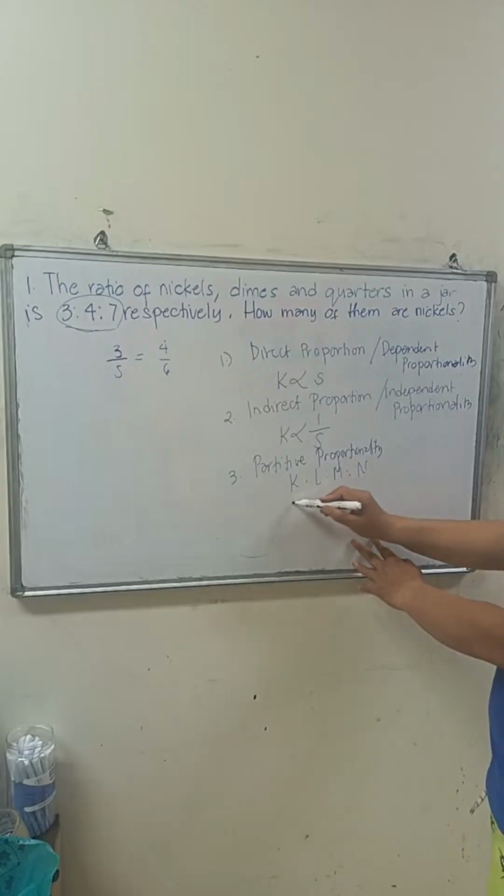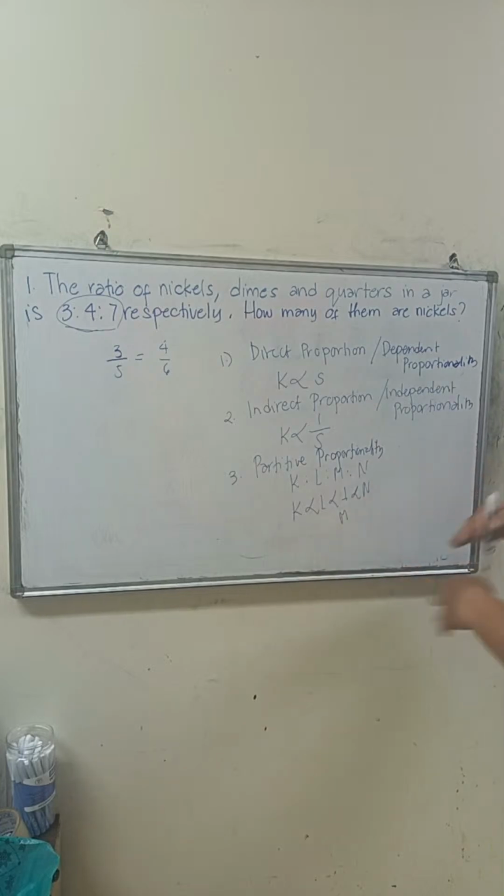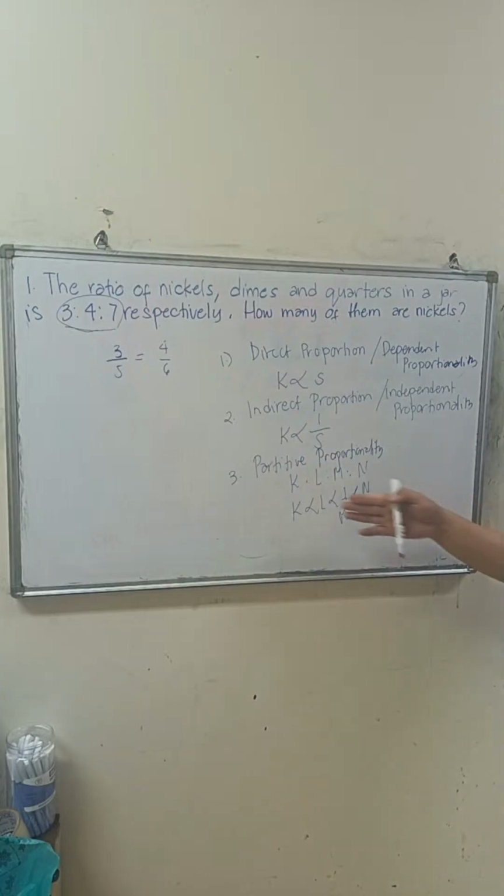Or you can say also K directly proportional to L, inversely proportional to M, directly proportional to N. So as long as it's a multiple of ratio and proportion of something, that would be partitive proportionality. So your hint here is that there are so many ratios like this. Any questions so far? So these are our three types of proportionality.